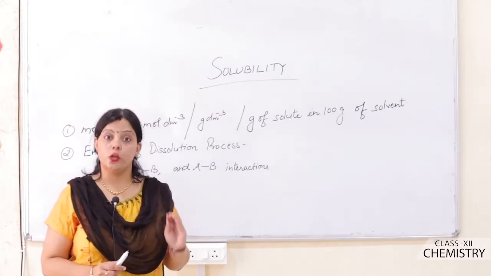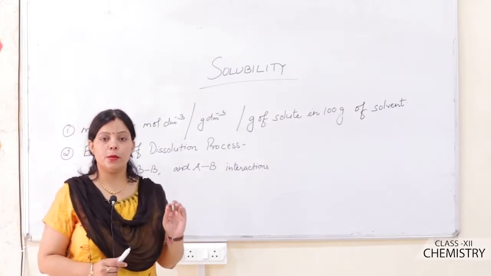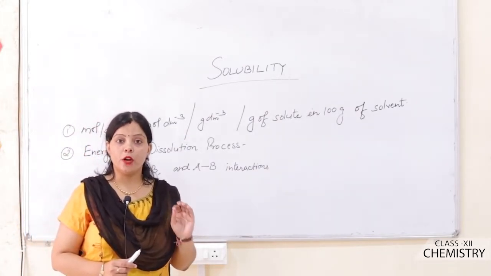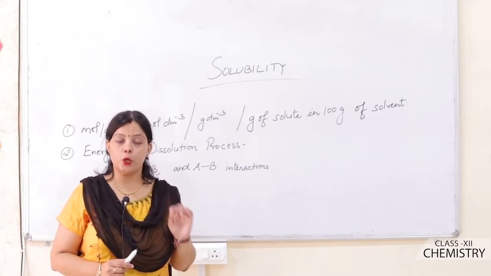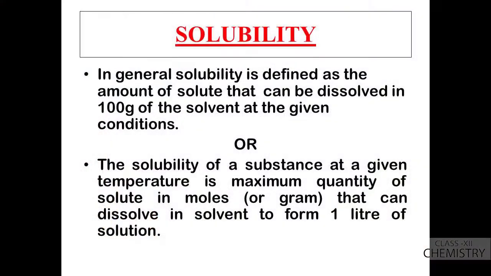That is the solubility. Okay students, now I am showing you some definitions which clearly explain what is the solubility of a solute in a particular type of solvent. Solubility is generally defined as the amount of solute that can be dissolved in 100 gram of the solvent at the given condition.